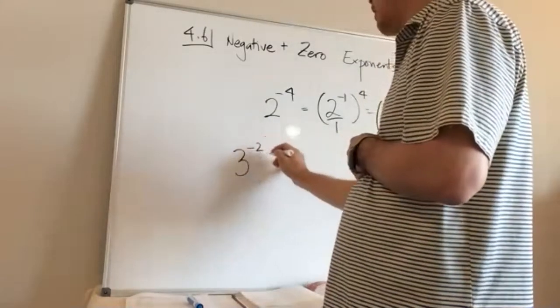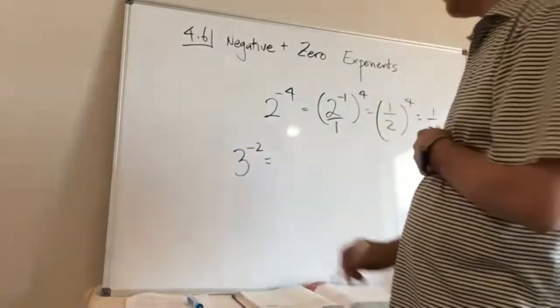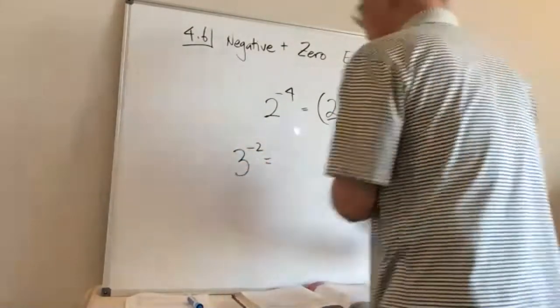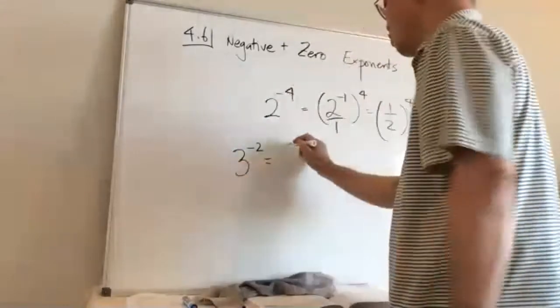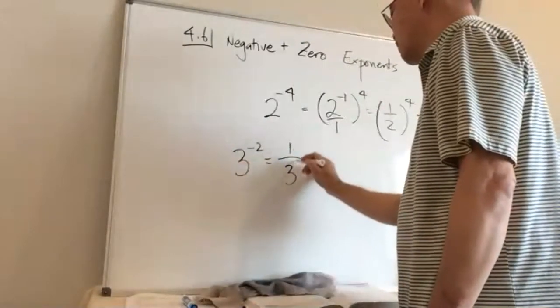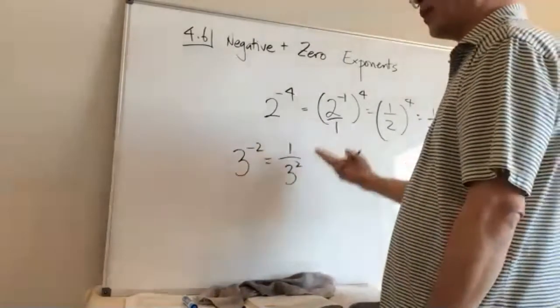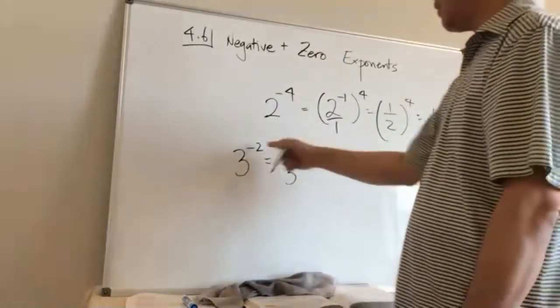3 to the negative 2 will be the same as 1 over 3 to the 2nd. So the negative means that you're flipping it over, and then the 2 just comes down here.